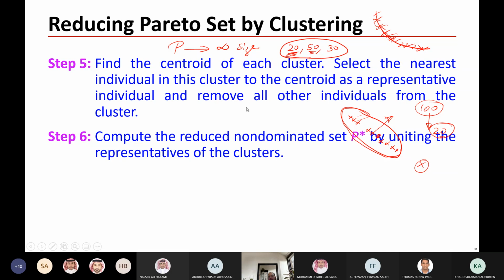Maybe in other problems like discrete problems or scheduling problems, maybe 20 is very high, by the way. Because the nature of the problem and the parameters are discrete, either 1, 2, 3, 4, and so on. So you have limited options. You have a limited Pareto size. But this is definitely problem dependent.